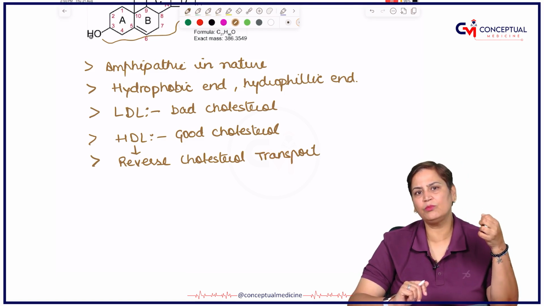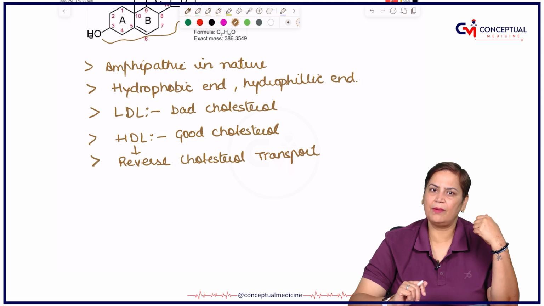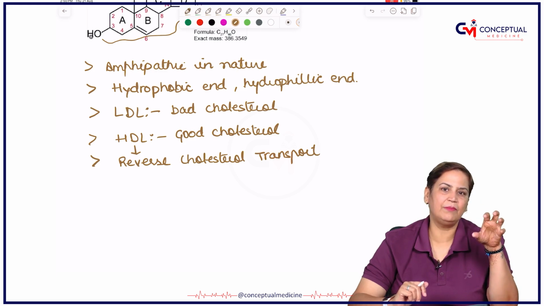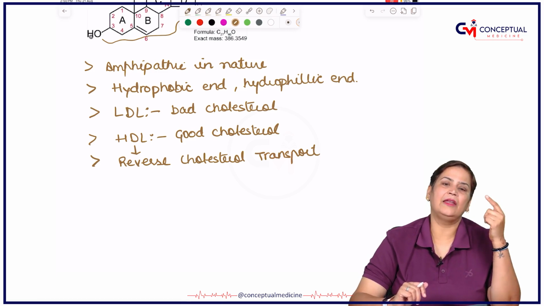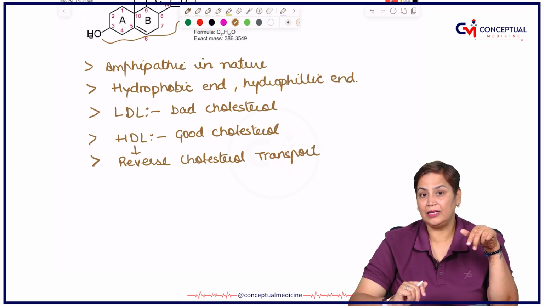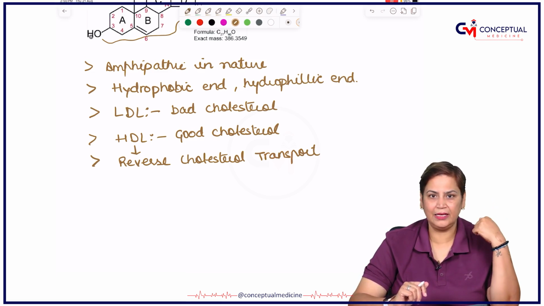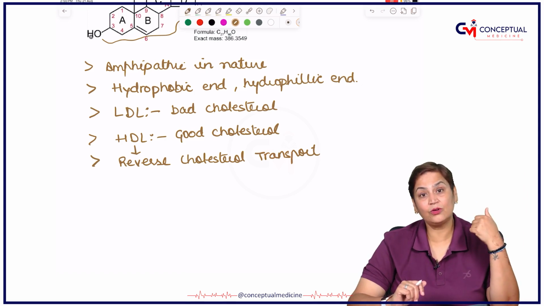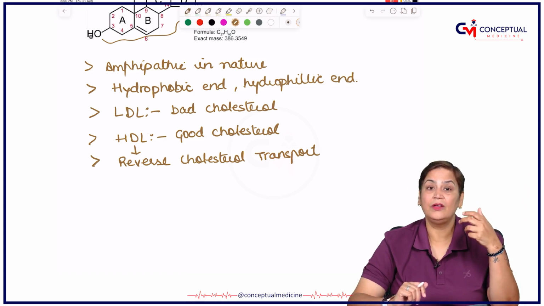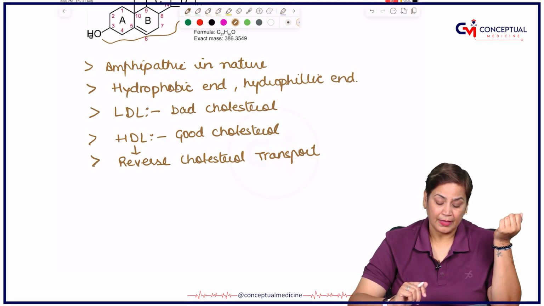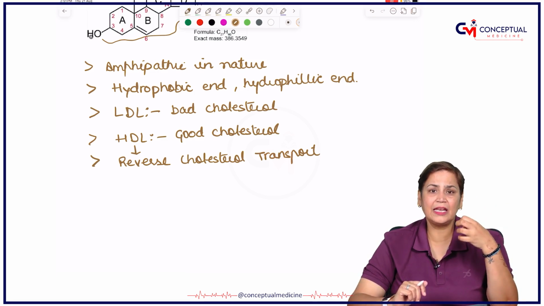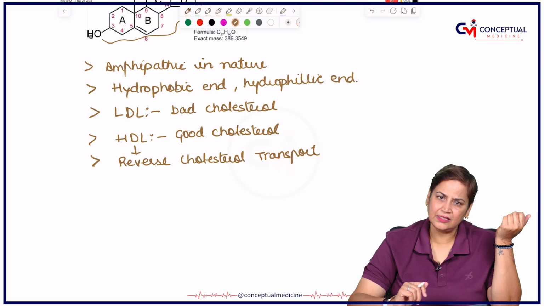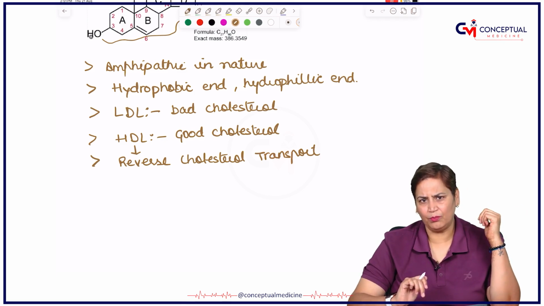It will bring more and more cholesterol from the extrahepatic tissues and deposit it in the liver. And why? Because cholesterol leads to the formation of bile acids. Cholesterol leads to the formation of steroid hormones. And cholesterol is the precursor of vitamin D. And whatever is unabsorbed is excreted in feces. So cholesterol plays a very important role.